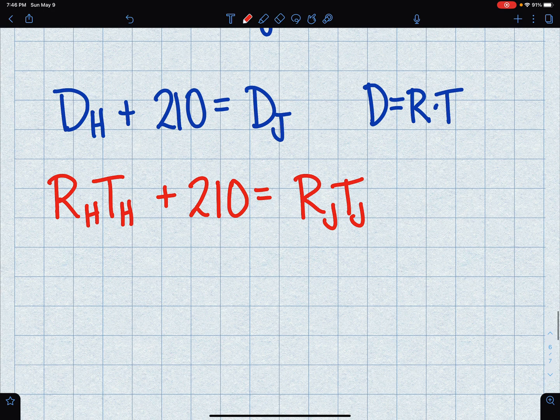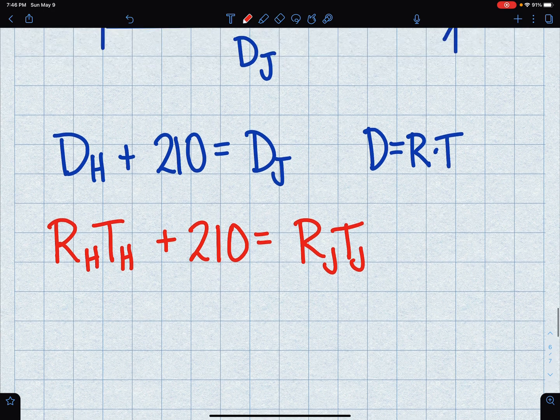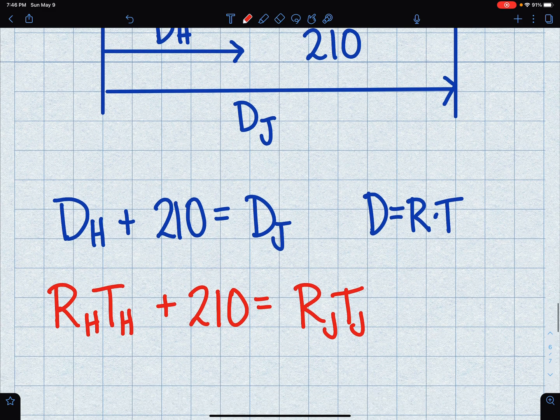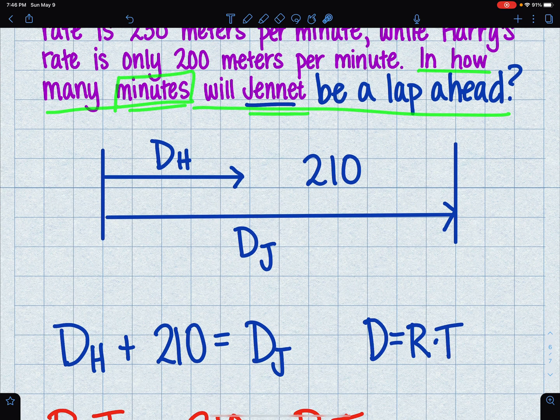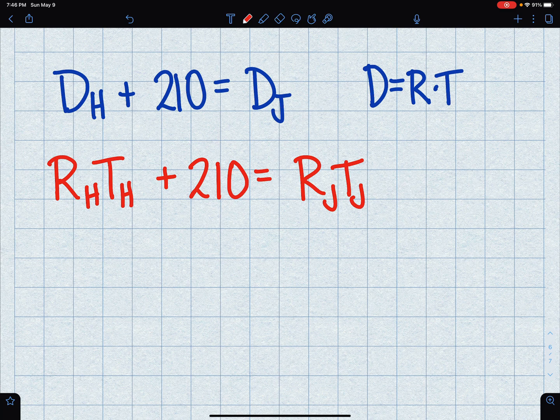Let's go back to the problem and pick out all the things that we know. I just like to start with, what are we solving for? Because if we know what we're solving for, then you know all the other things that you have to look for. So what did they ask that we're solving for? In how many minutes will Jeanette be a lap ahead? So minutes of Jeanette. That's time. Time of Jeanette is the unknown.